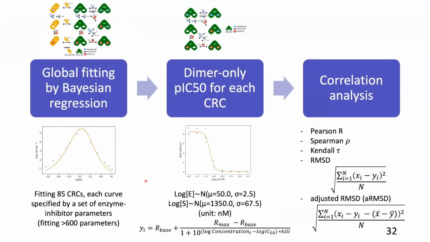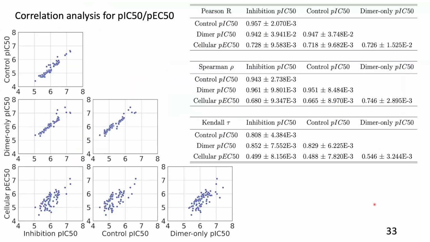And here's another way to visualize that. I'm providing some details here I won't spend a lot of time talking about. But in summary, we can look at multiple ways to calculate IC50s, and we can compare them to each other.